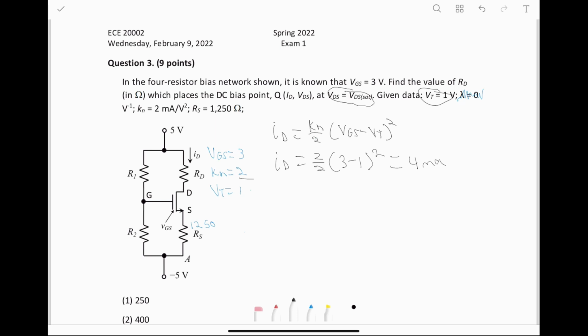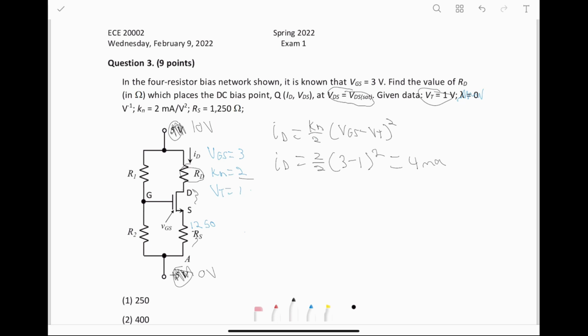Now we're looking for RD, and the way we're going to find RD is we're just going to essentially find the voltage drops across each of these components and then figure out what RD is from that, because we know the potential difference across this entire circuit from this point to this point is 10 volts. You can actually just say that's 0 volts, that's 10. I prefer writing it like this.